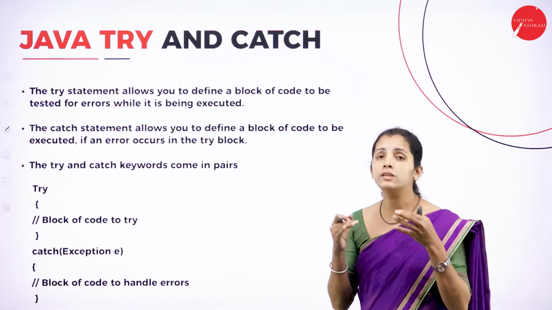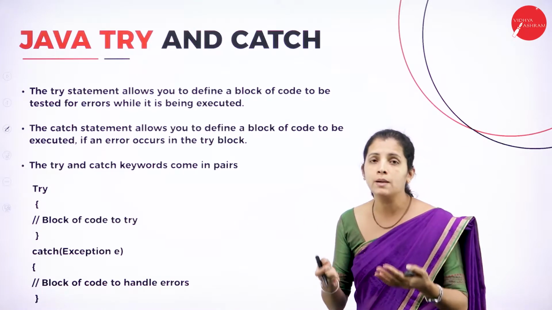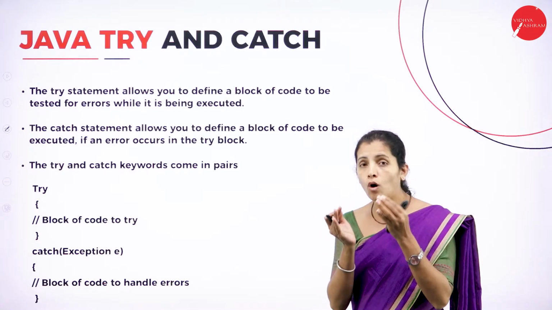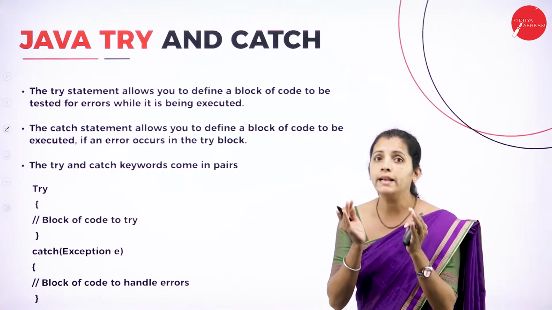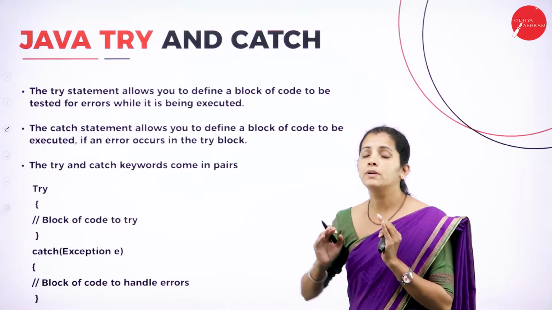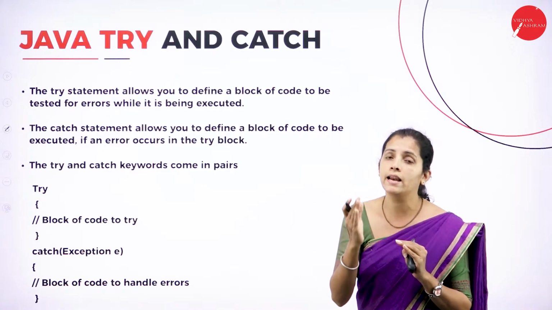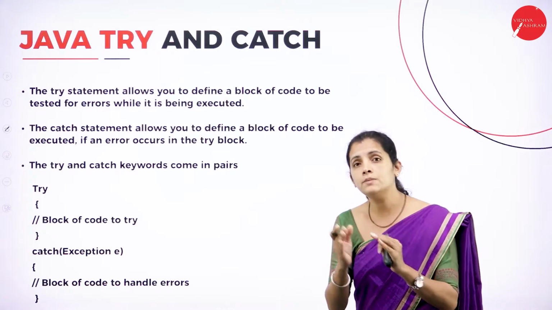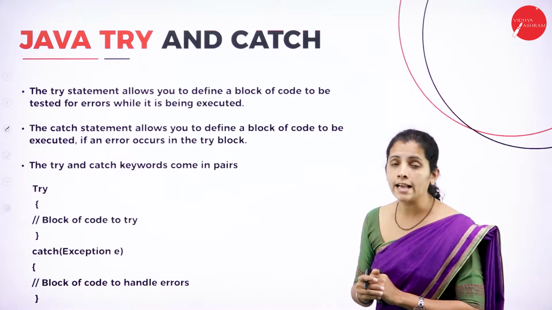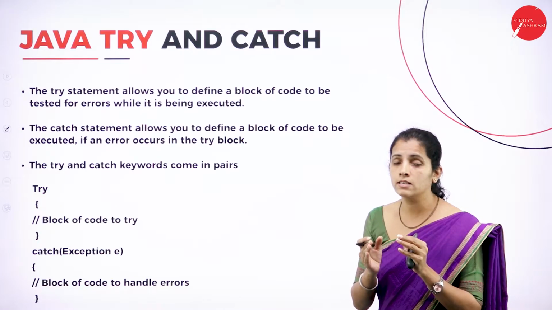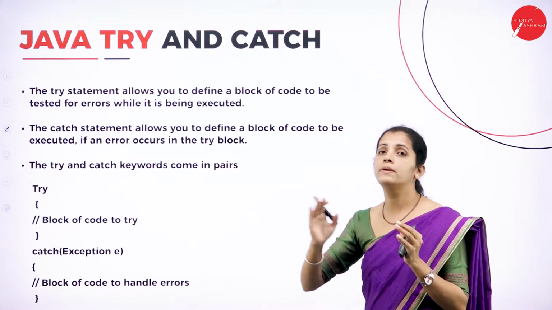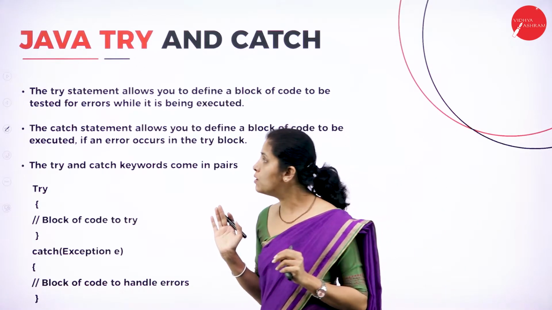That means I'm going to try. What am I going to try? I write the block of code in my try block, and I'm trying to execute it. During the execution, if any error occurs, that must be handled by the catch block. For that reason, the try block must be followed by the catch block.